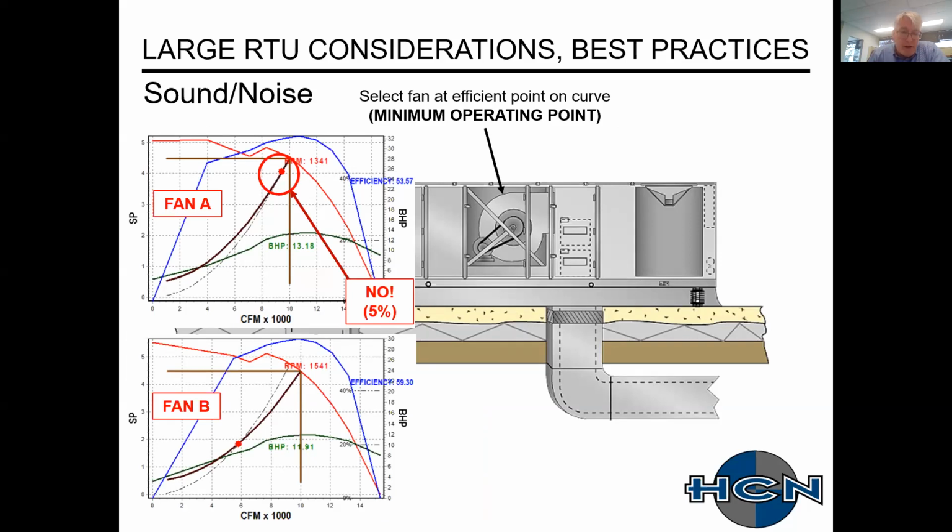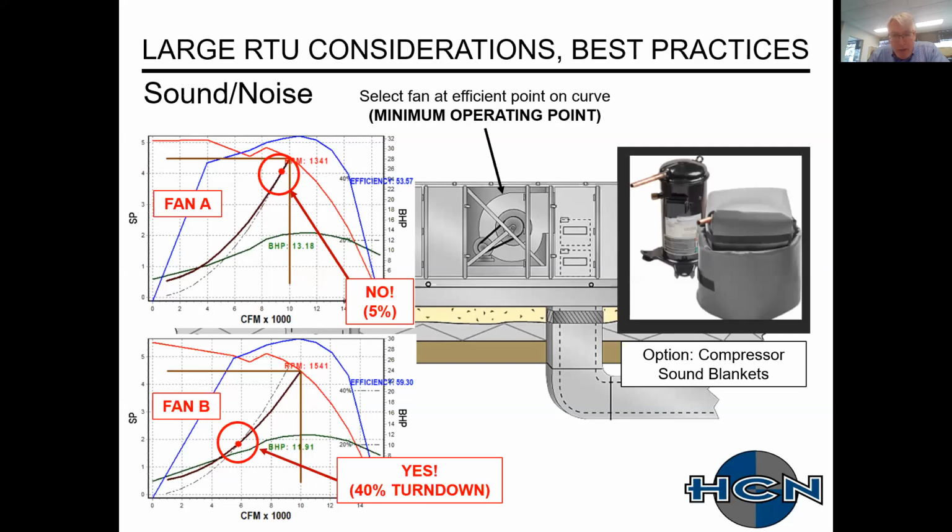And then selection B, looked at this one based on the different wheel sizes, et cetera, like that. This one here, you're able to turn down to 40% versus 100%. So that one was much more attractive versus fan A.